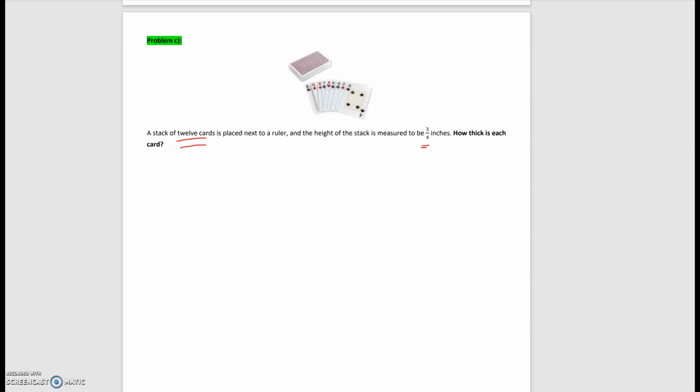So in this case, we have the distance of 3/4, and we're going to be dividing that by the 12 cards, or 3/4 divided by 12 over 1, or 3/4 times 1 over 12.